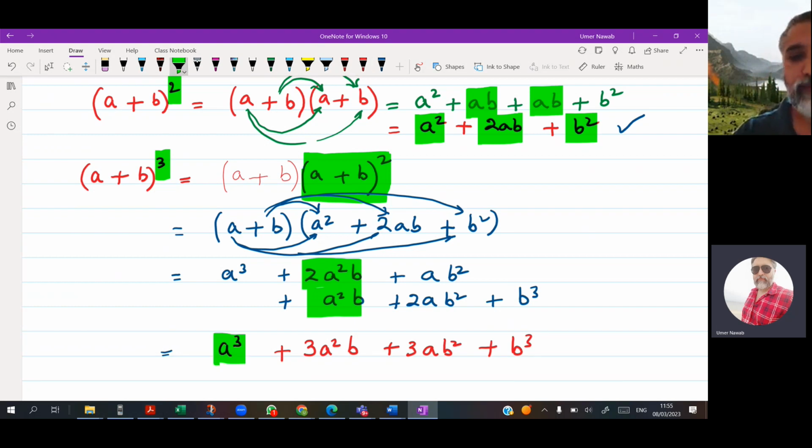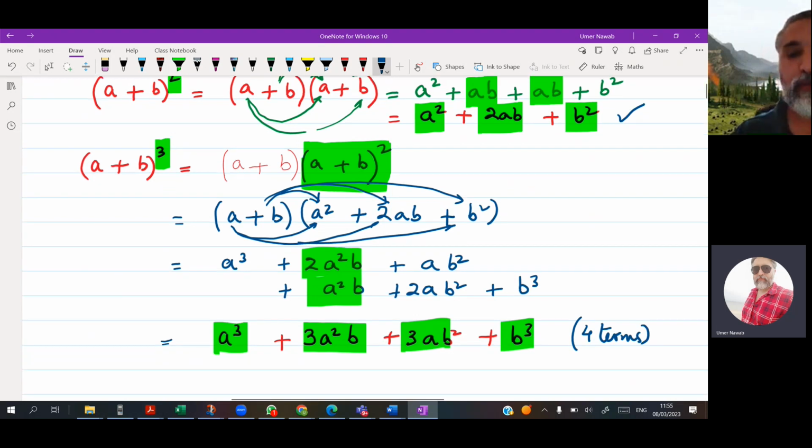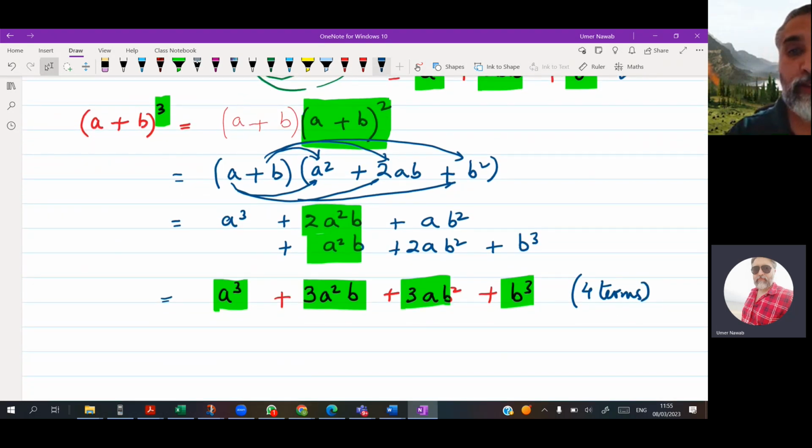I think one guess is true, that if the power is 3, we will get 4 terms. But is it possible to guess the powers? I think we can also guess the power. Look at that. If the power is 3, for the first number I start with the maximum power, and then each time the power is decreased by 1, from 3 to 0, with a step of 1.